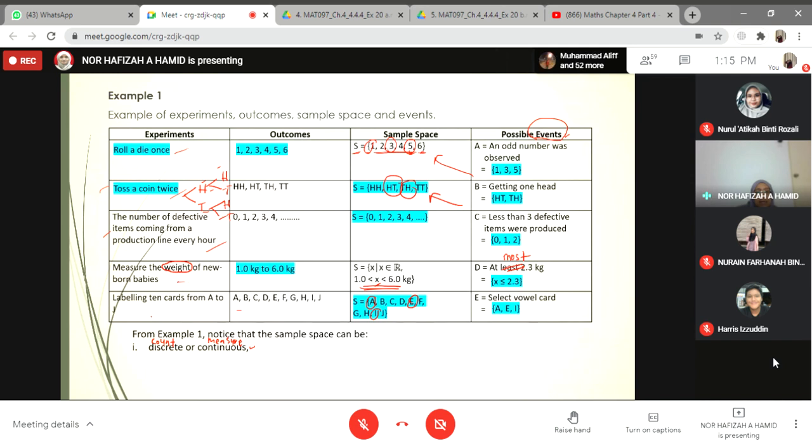Number 5, labeling 10 cards, is discrete, because you can count.